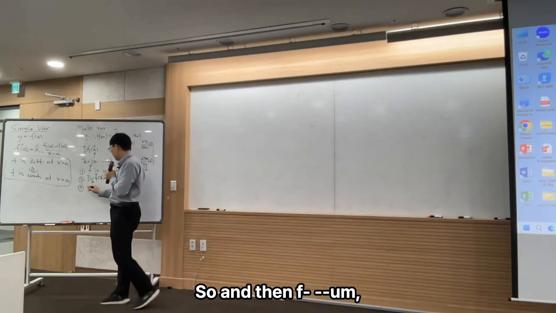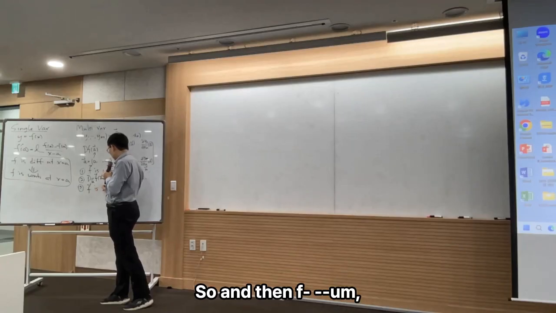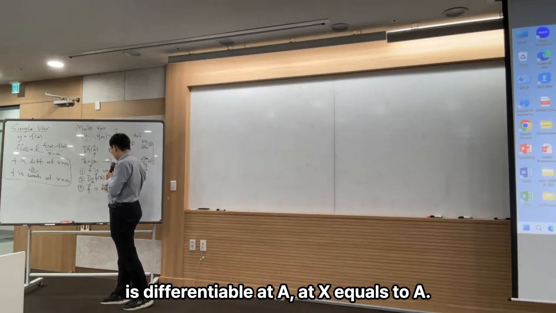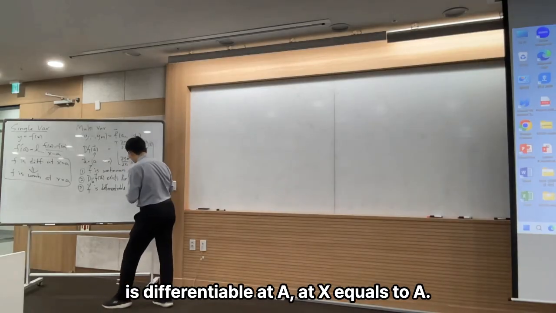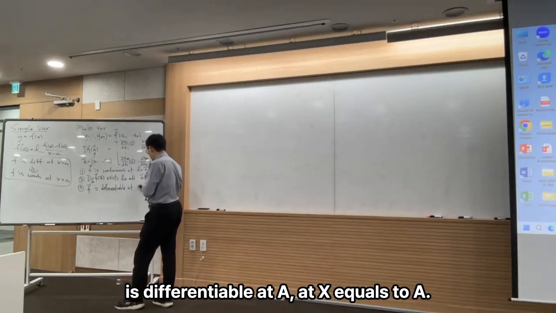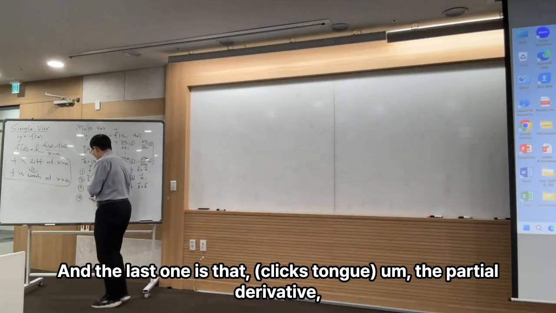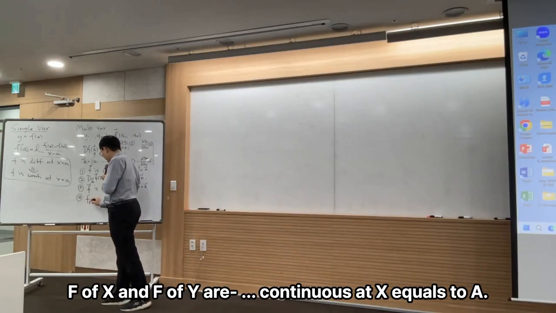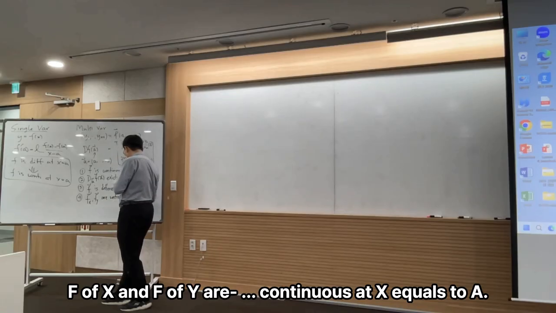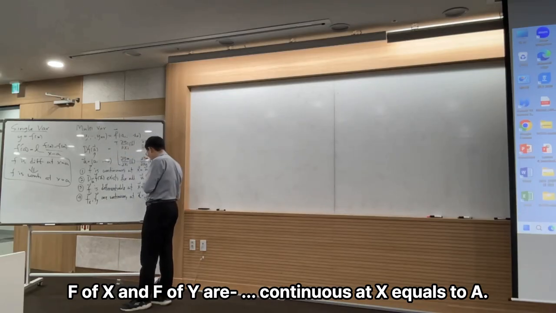Okay. And the third claim: f is differentiable at x equals a. And the last one is that the partial derivatives f_x and f_y are continuous at x equals a.